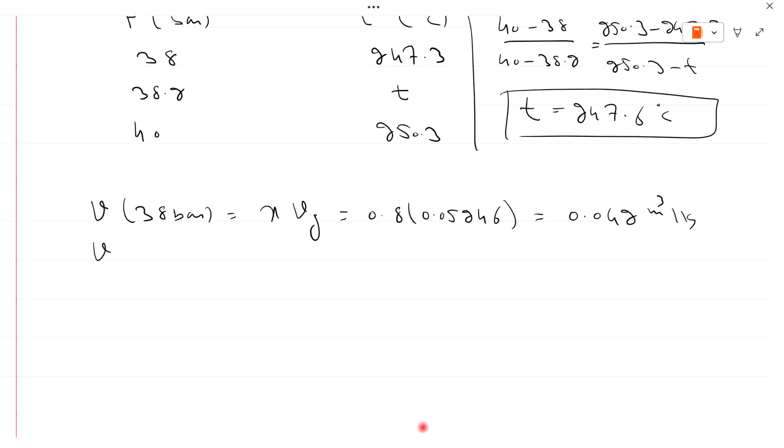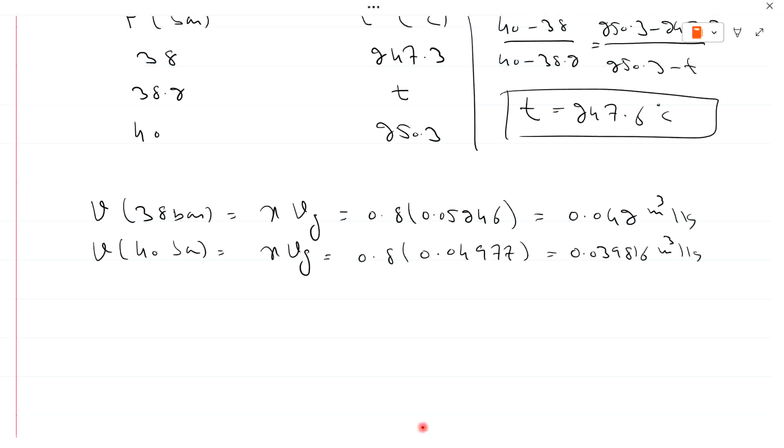At 40 bar, x is 0.8 and Vg is 0.04977 meter cube per kg, which gives 0.0398 meter cube per kg.